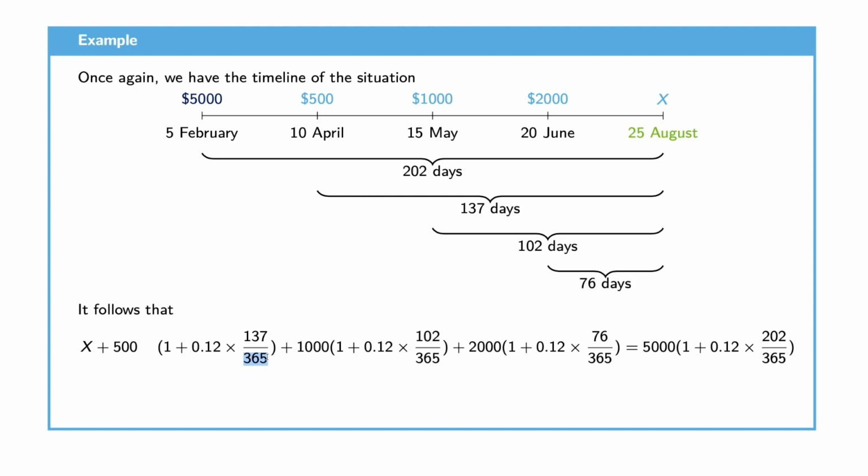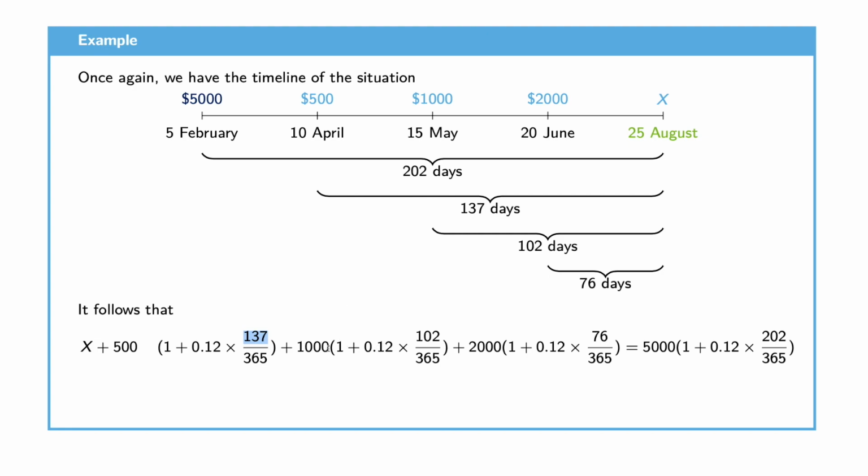Yes, while that might be the intuitive case, unfortunately, the convention is that we always use 365 days, irrespective of whether it's a leap year or not. But we do, however, include the extra day that is part of the leap year in the numerator, just not in the denominator. So by convention, what we have is 0.12, which is the interest rate, times 137 over 365.